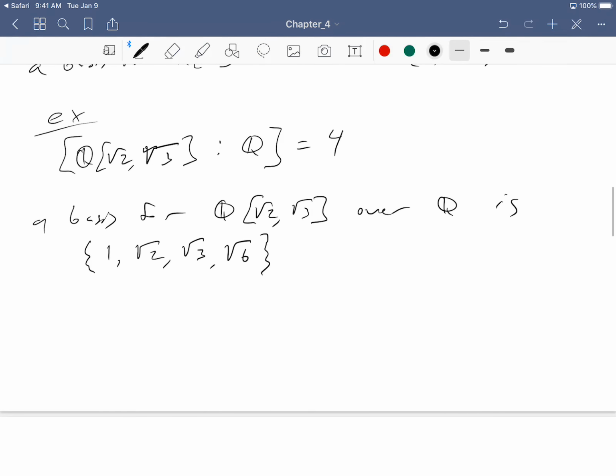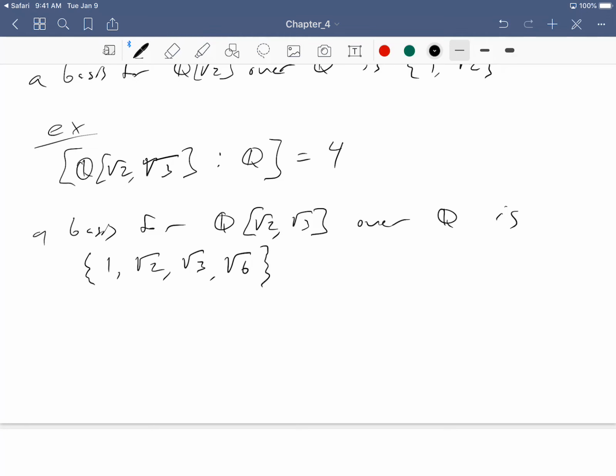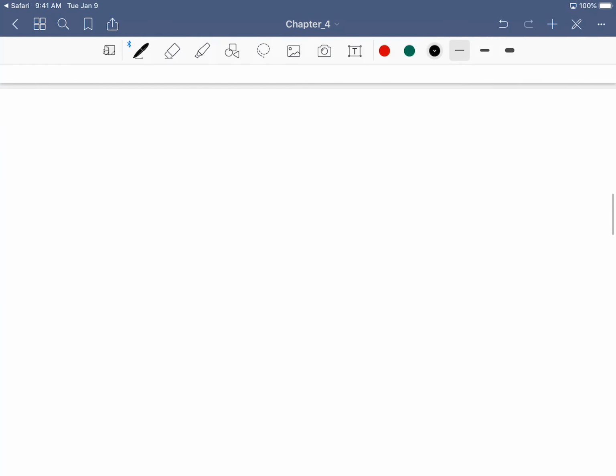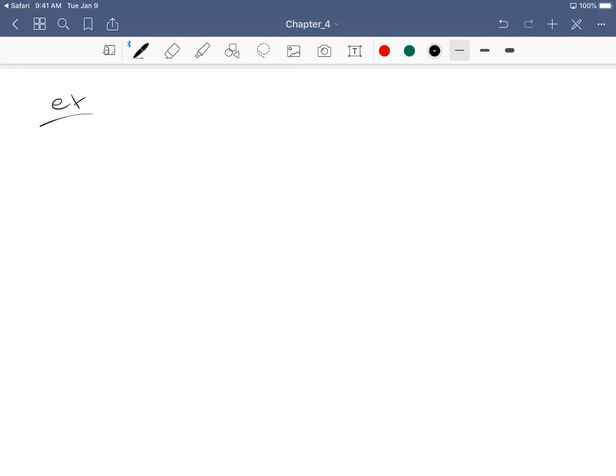Okay, let's do one more. I'm going to add a new page here to do it. All right, one more. Same sets that we've been using, so Q adjoin root 2, root 3, but this time we're going to think about it as a Q(root 2) vector space.